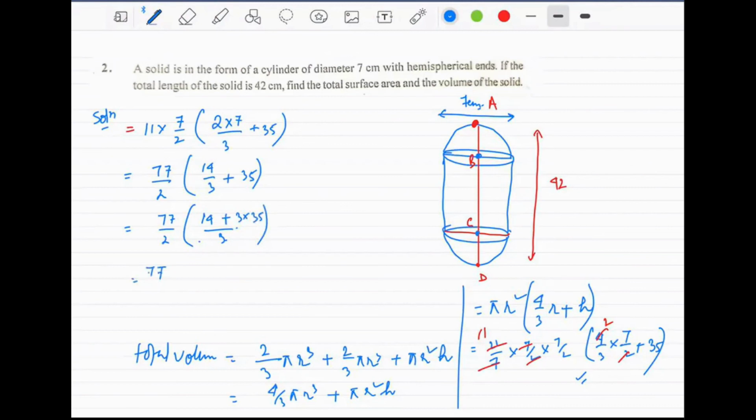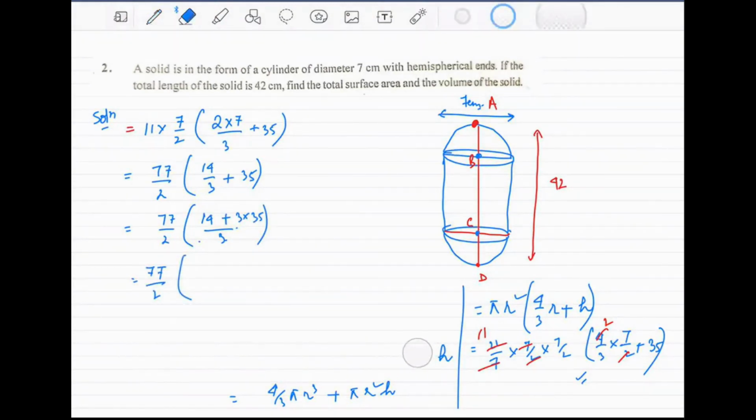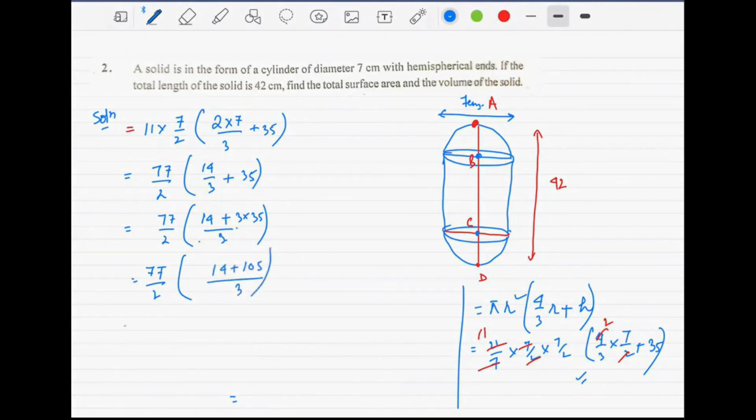I'm rubbing this part off also. So 5 3s are 15, 3 3s are 9, 105 plus 14 divided by 3. 77 by 2 into 119 by 3. So finally we have 6 as the denominator. 119 into 7.